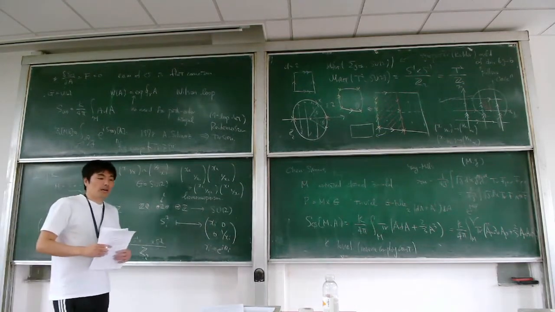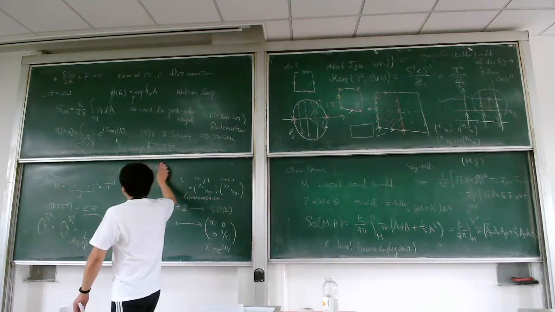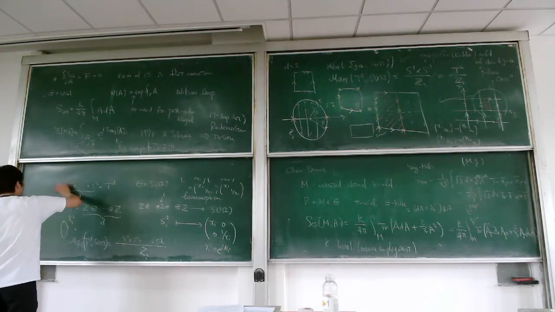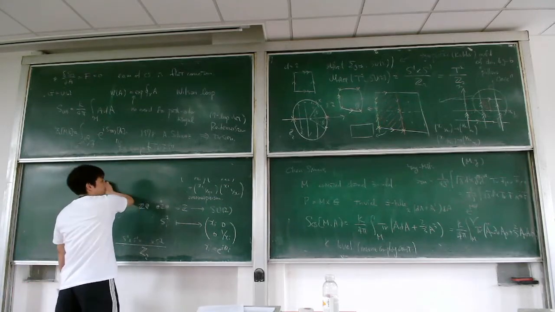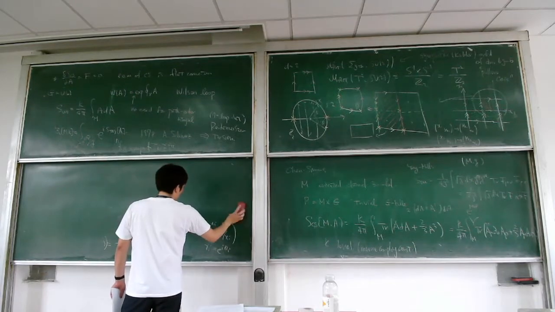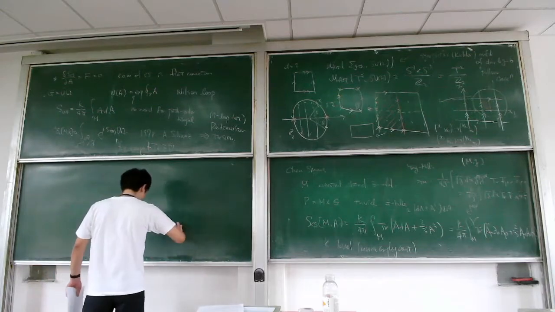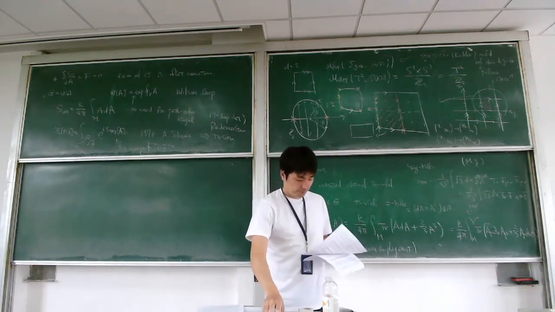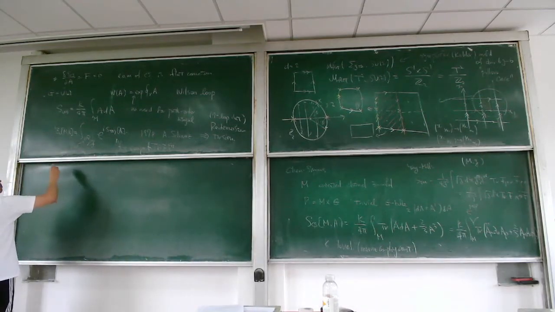Consider the following in quantum field theory. Now this field A can be a quantum observable. So you can just consider the expectation value of this Wilson loop.